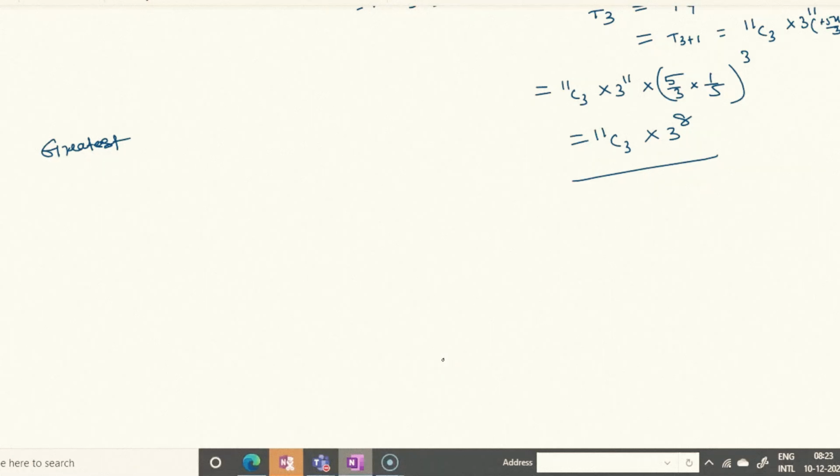Wait a minute, I changed the section here. Okay, we do it here. Greatest coefficients, that out of these nC0, nC1, nC2, nCn, which one is the greatest coefficient?